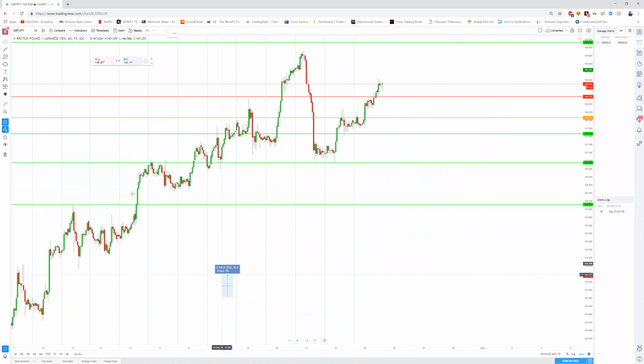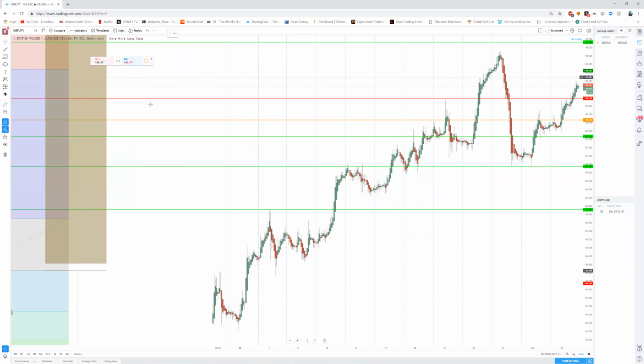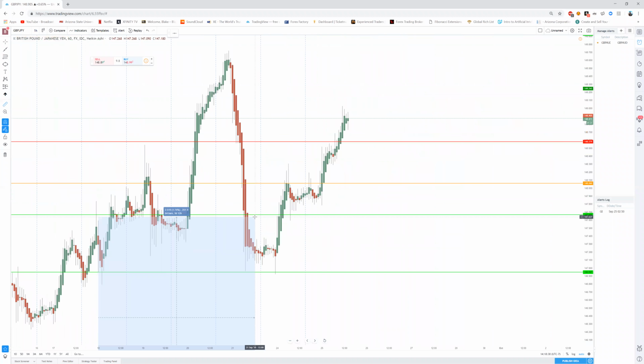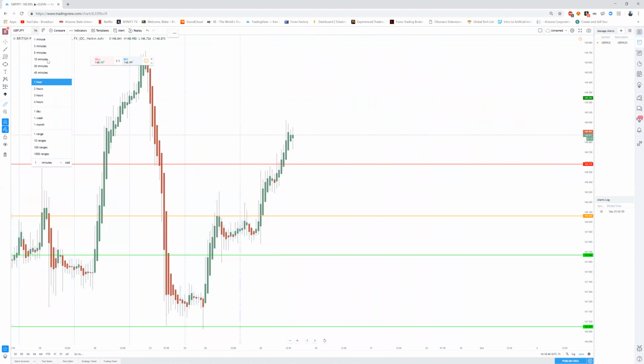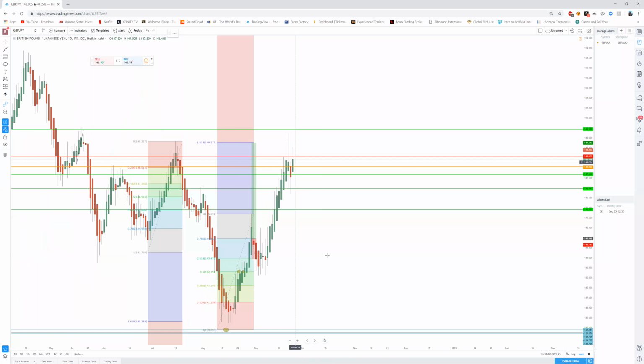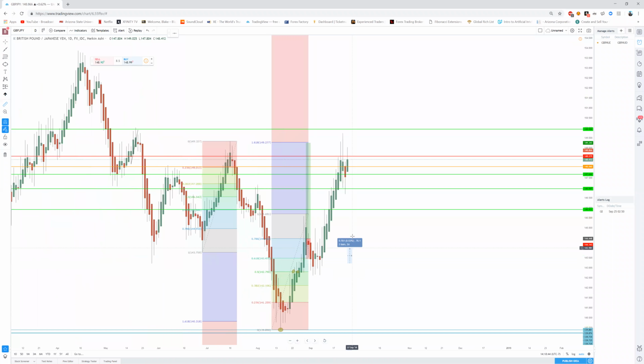So let's go ahead and look at GJ for just a second. I'm going to do a little bit of advanced calculations for this one. First, if we look at the daily, I'm trying to see if there are any patterns forming. For GJ, long term, I'm not seeing too much.